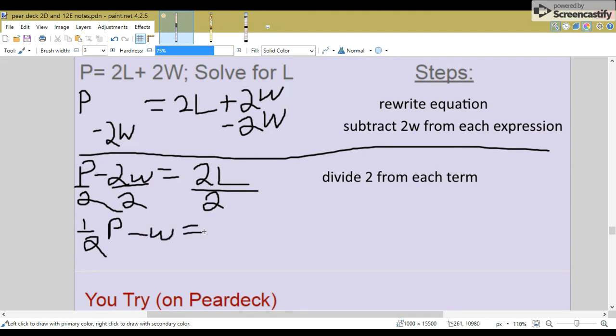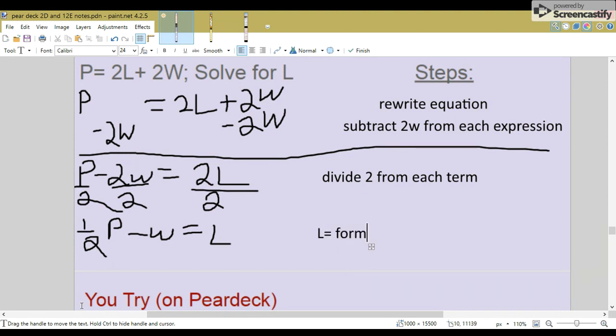And then we have L. So this is in the L equals form. L equals 1/2 perimeter minus the width.